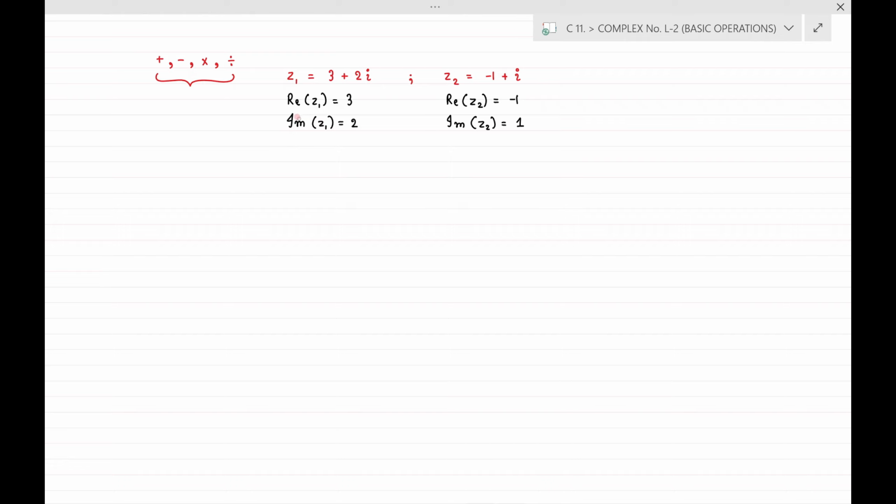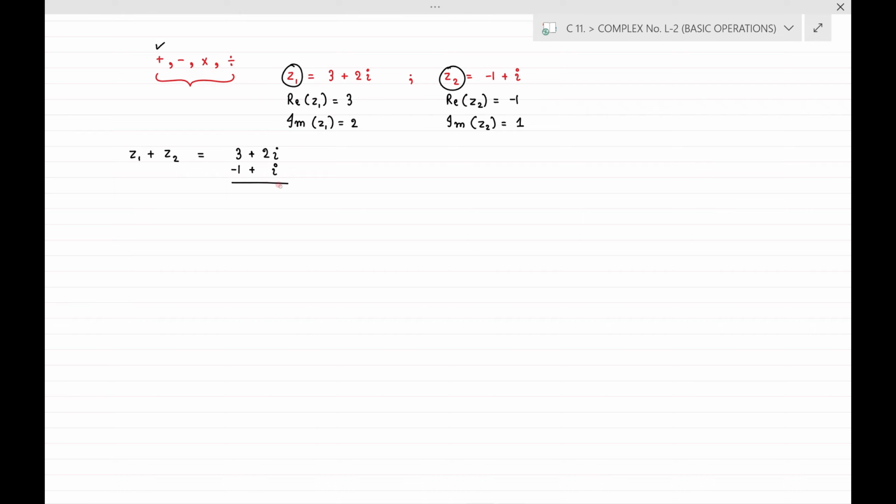So now we are going to do the addition operation between these two complex numbers. If I ask you to find the value of z1 plus z2, what you should do is write both the complex numbers in this manner: 3 plus 2 iota, minus 1 plus iota.